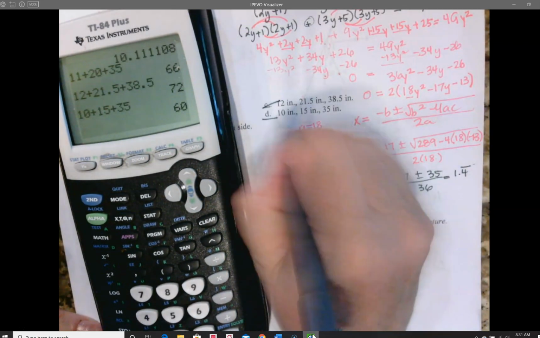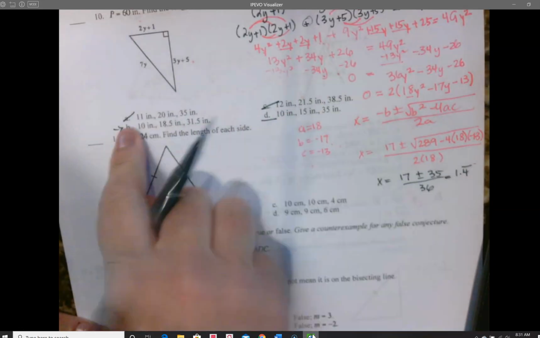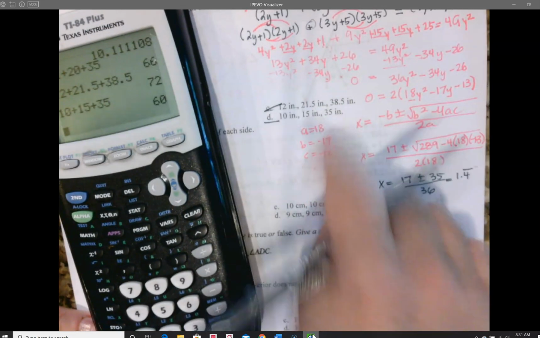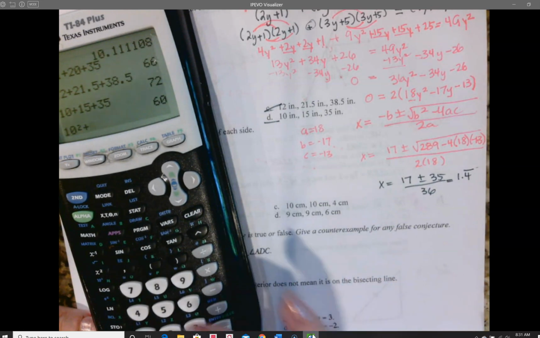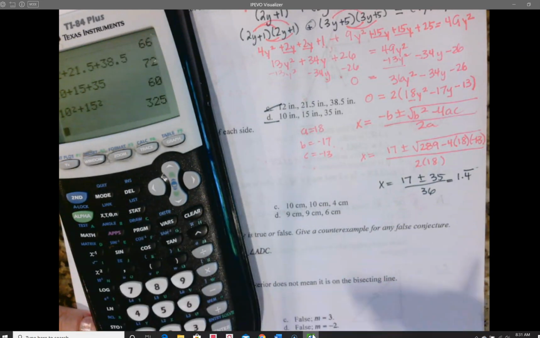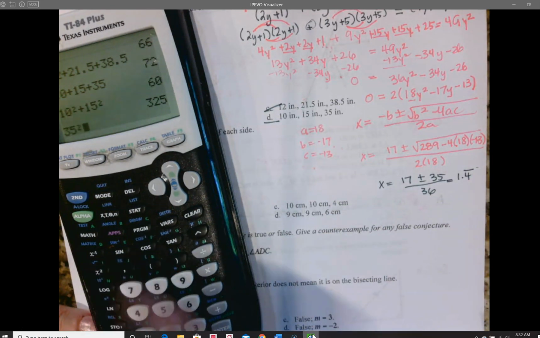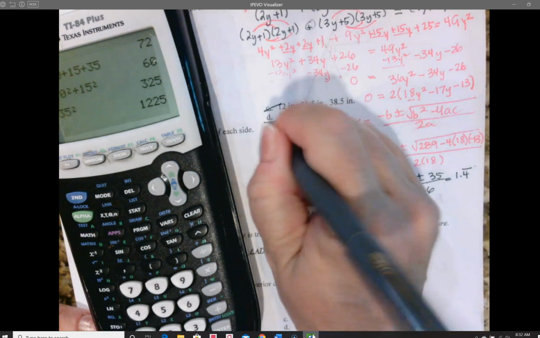So that's 60. So it could be D or B. And then let me see if 10 squared plus 15 squared equals 35 squared. 10 squared plus 15 squared equals, and then 35 squared. Okay, so that does not equal a right triangle.